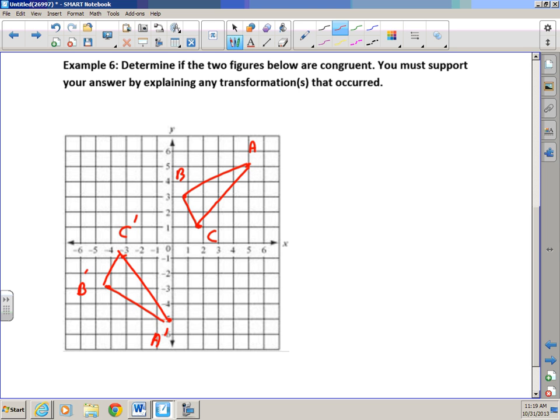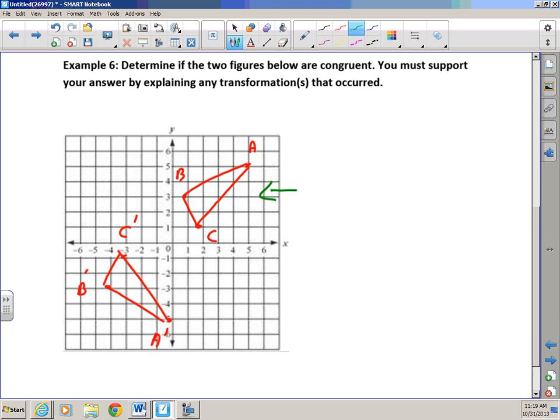Now, one of the things, and you've got to be able to recognize this, one of the things you should hopefully recognize is that things have flipped around somehow. The A is on the top over here. This is what I'm talking about. A is on the top, C is on the bottom. Now C is on the top, A is on the bottom. That's a clue that there's been a reflection.